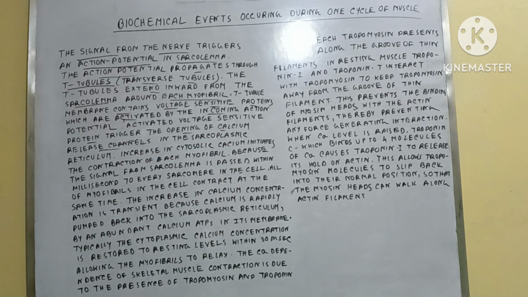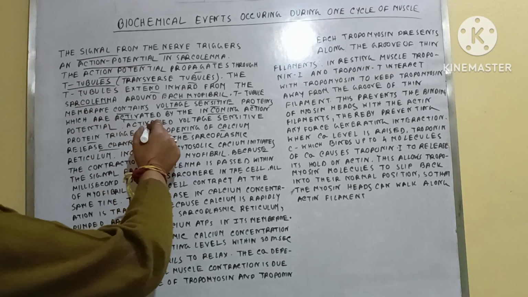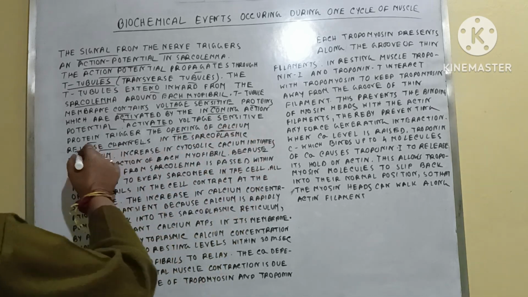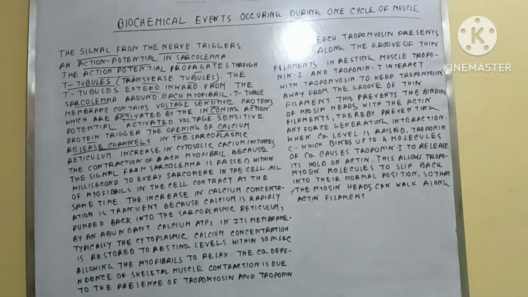So what is happening? First the nerve triggers the sarcolemma, and this action potential propagates through the T tubules, and this activates the voltage sensitive proteins present within the T tubule membrane. And what happens after that? The activated proteins open the calcium releasing channels.